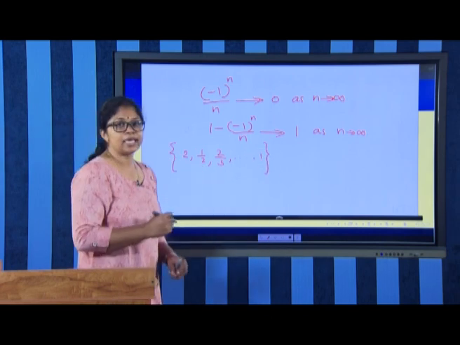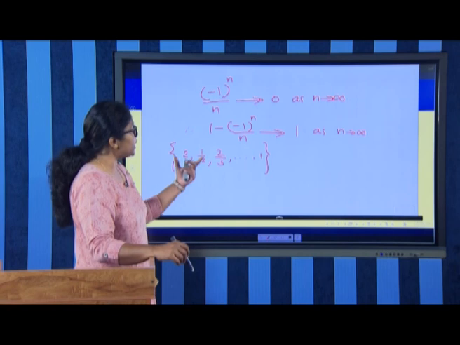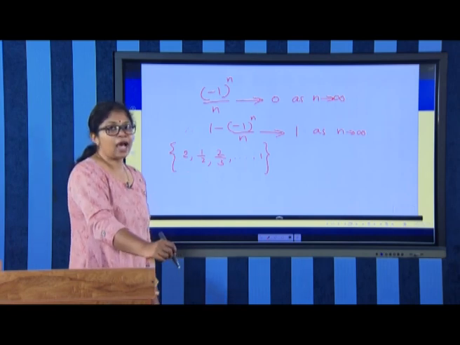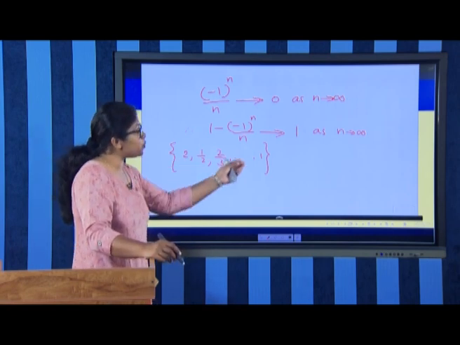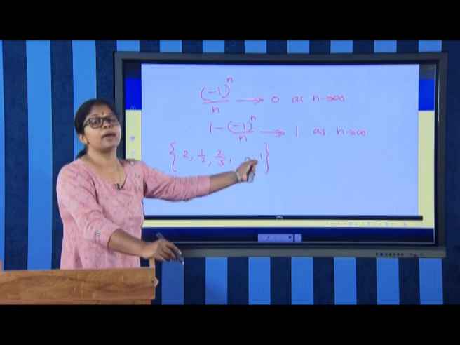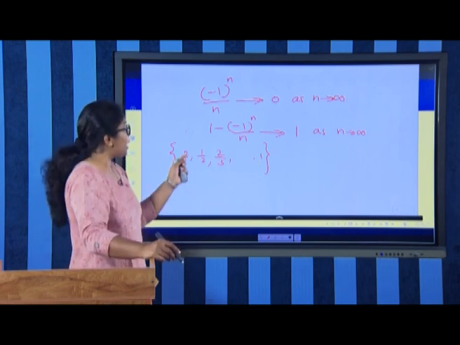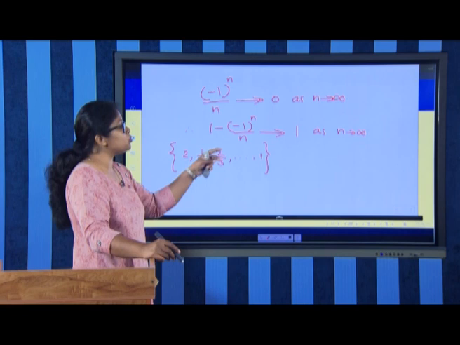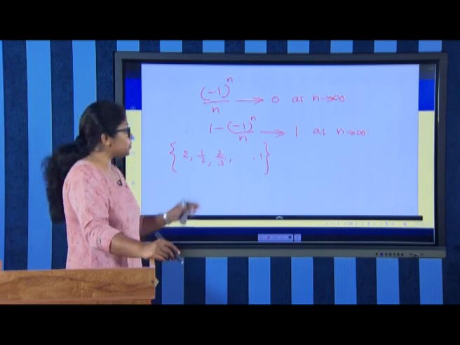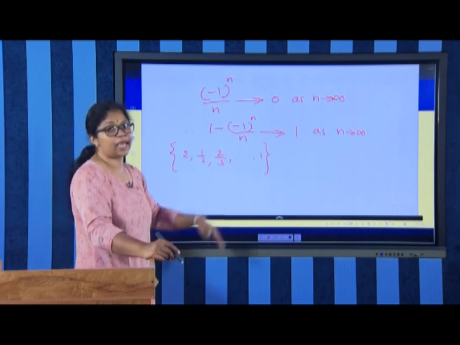So, we can see that all the elements of the set S are somewhere between 2 and the number 1, and there is 1 by 2, 2 by 3 and so on. These are some of the values that we have.